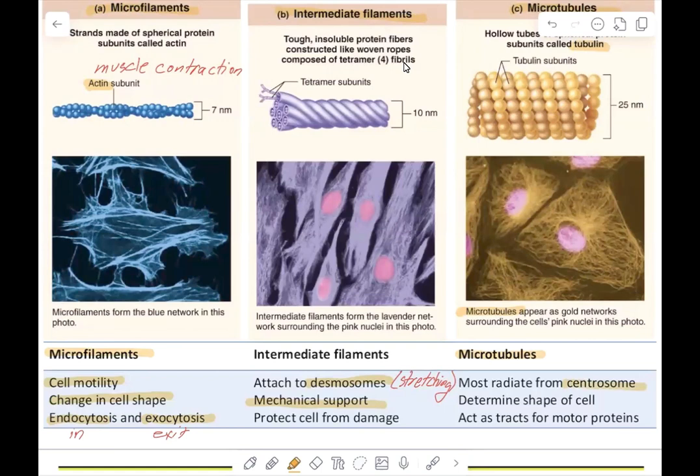And they also help determine the shape of the cell, specifically in the case of mitosis, which we will be talking about soon. They also can act as tracks for motor proteins. So these motor proteins can act like feet to attach to these tracks and allow for a vesicle to walk from one end of the cell to another end of the cell.